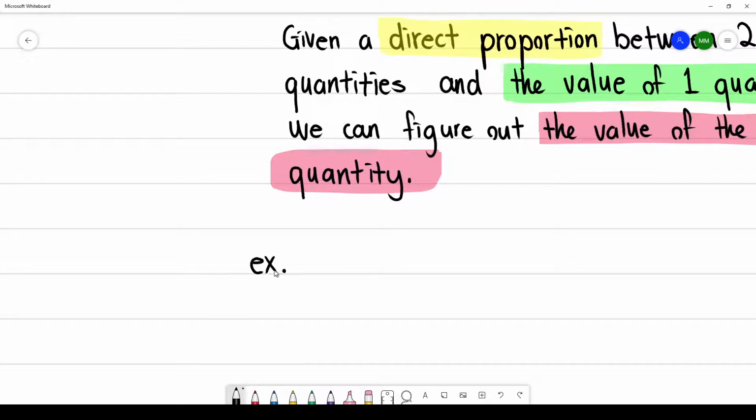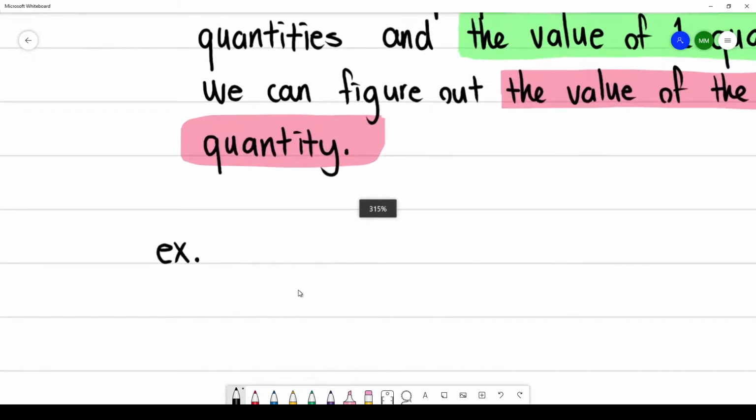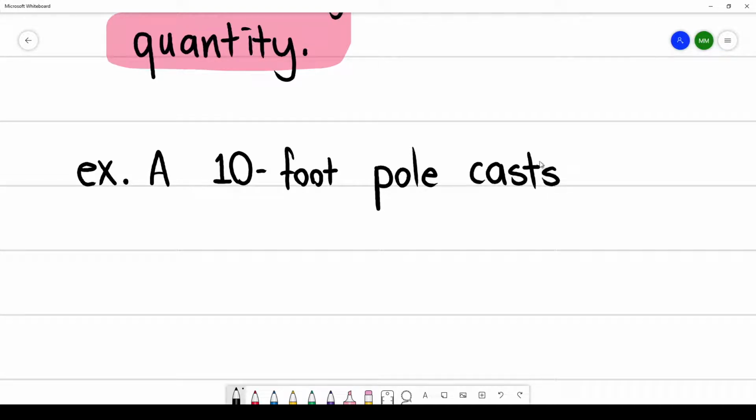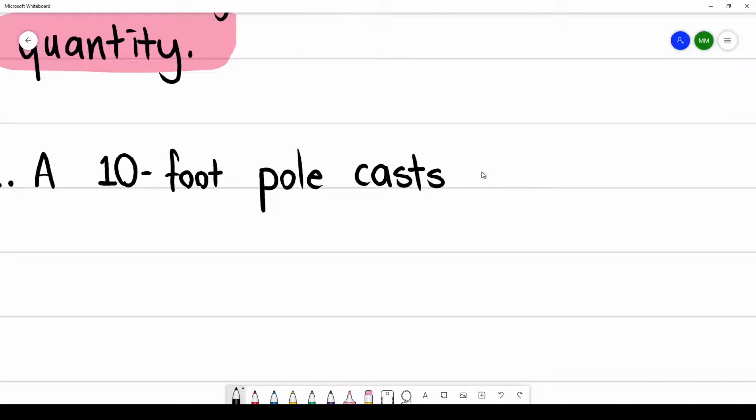Slightly different this time. So not apples and cost. A 10-foot pole casts a shadow of 7 feet.